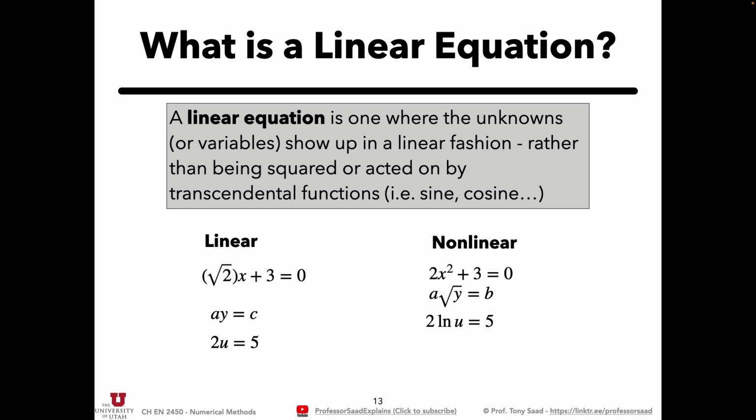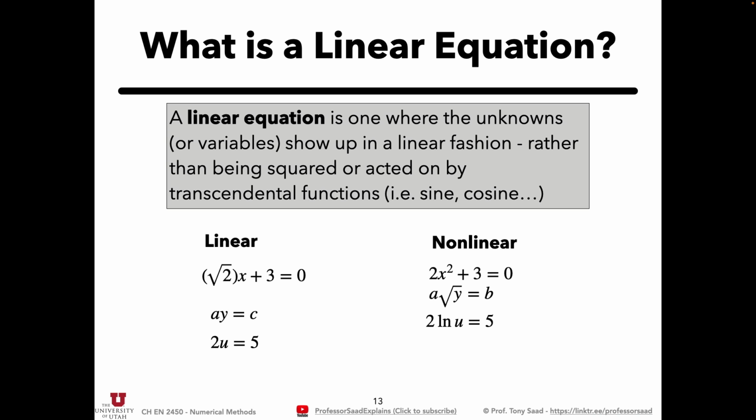It's not being squared, or acted on by a function, etc. Same here. a, y, and c, you can call all of those variables, but if a and c are chosen as parameters, as fixed values, and y is the only dependent variable that depends on everything else, then y shows up linearly here. In this equation, our unknown is u, and u shows up linearly here. It's not squared, it's not under square root, sine, cosine, logarithm, etc.